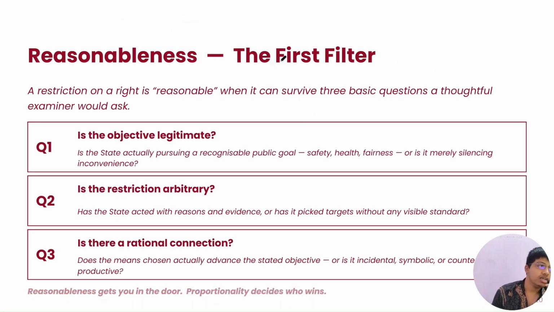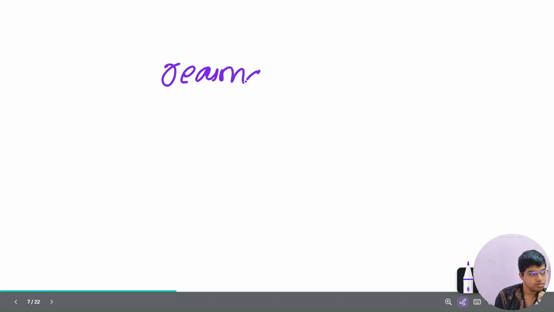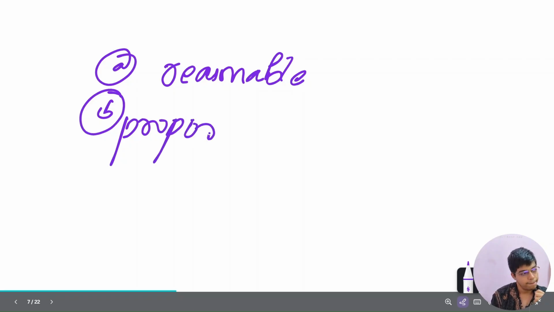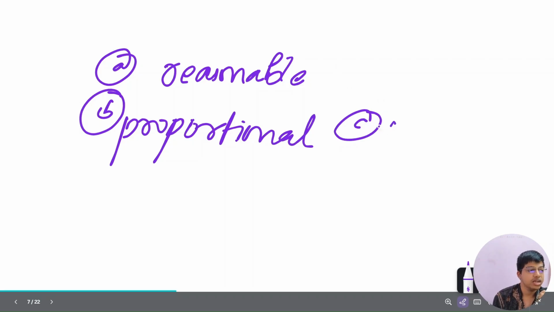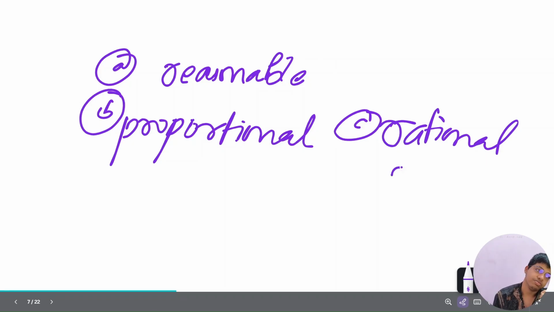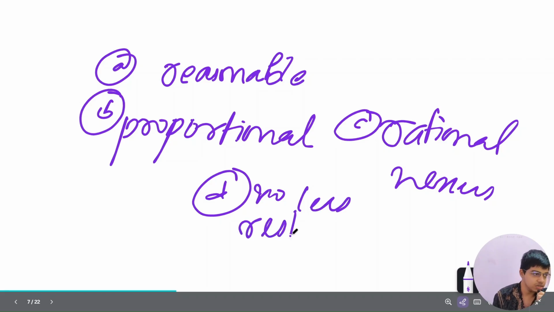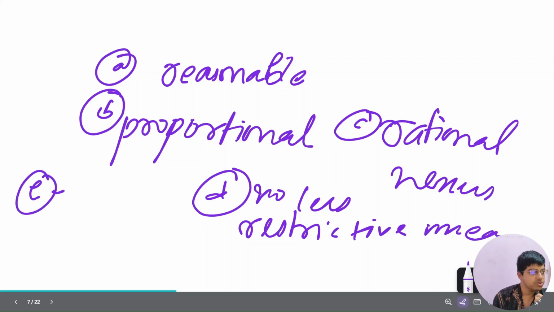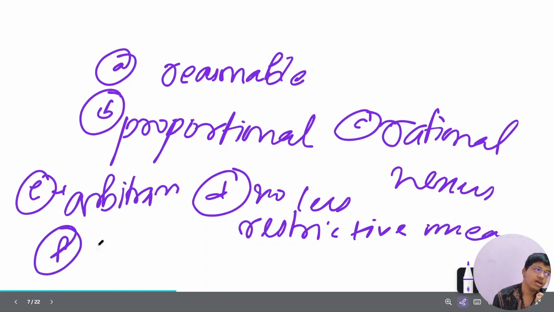ठीक है. The first filter is reasonableness and second is proportionality. If a restriction put by the state is reasonable, proportional, has a reasonable rational nexus, there are no less restrictive means, the decision taken was not arbitrary, and the object was legitimate.